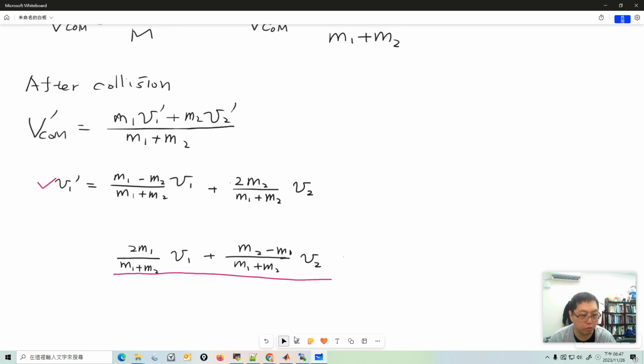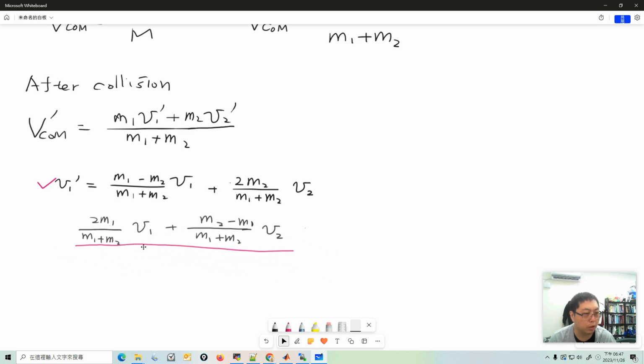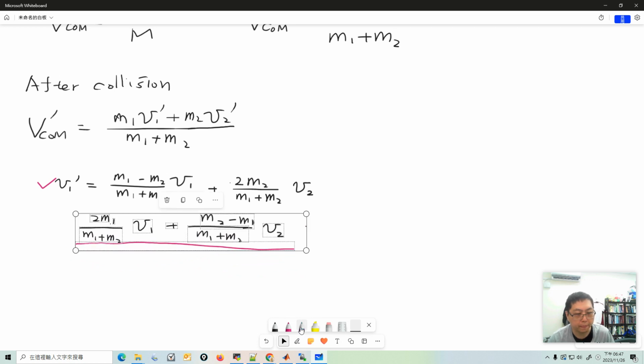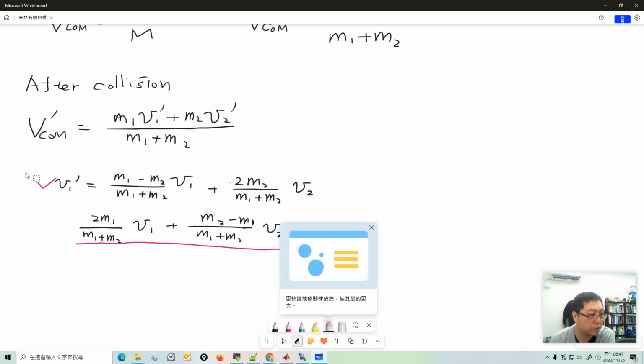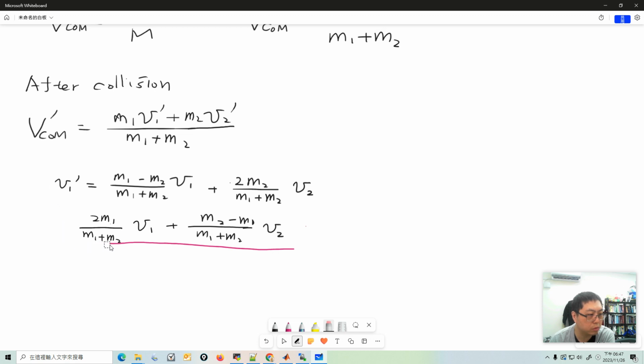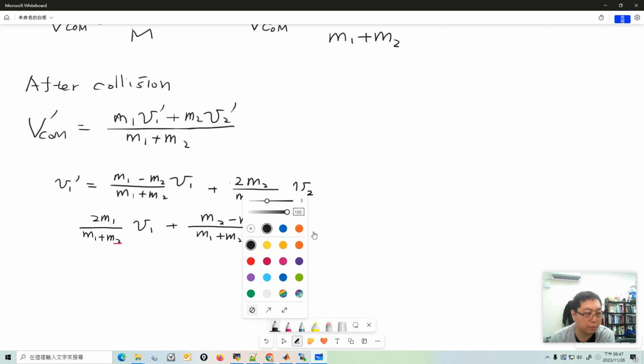Oh no, I cannot move this. Sorry, I still don't know how to move this. It's auto. Okay, and then we clean up something. It just takes a little time to copy this equation.